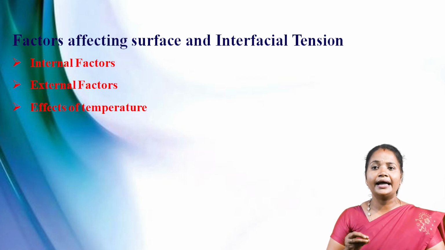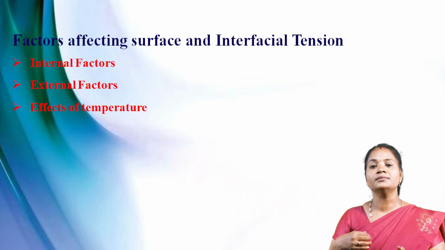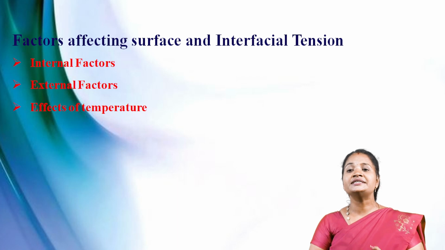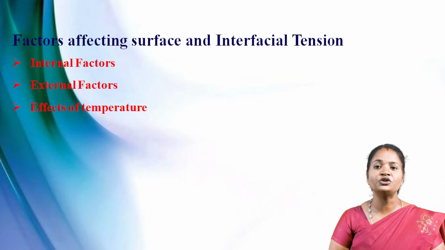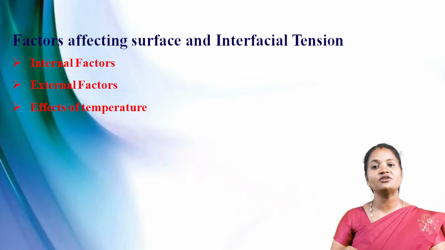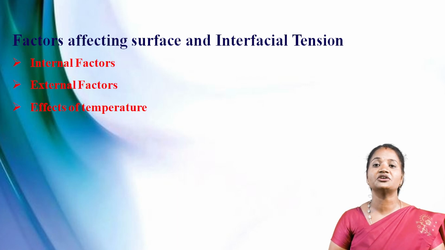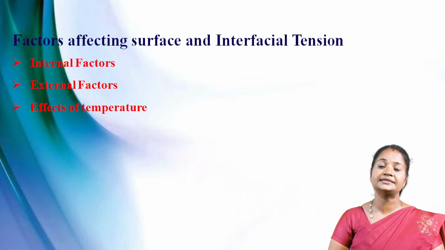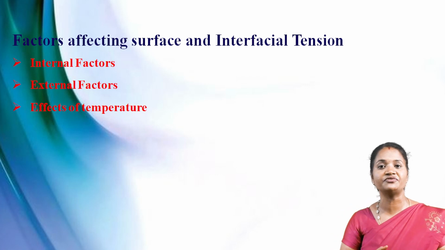And adding certain surfactants, for example Tweens and Spans, will reduce the interfacial tension between two phases and help in solubilization. So external factors like electrolytes and surfactants affect the surface tension and interfacial tension. That is very important.